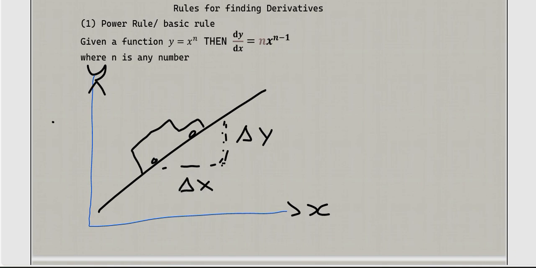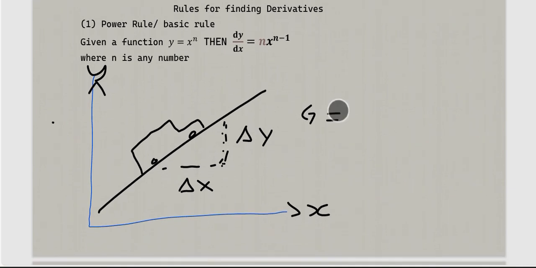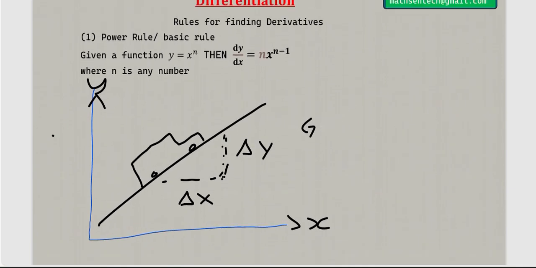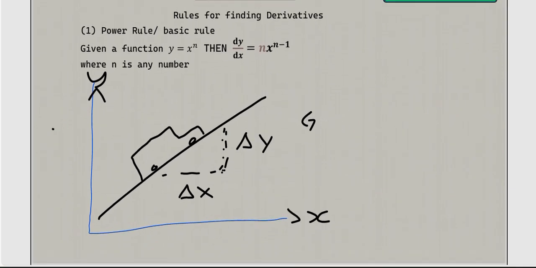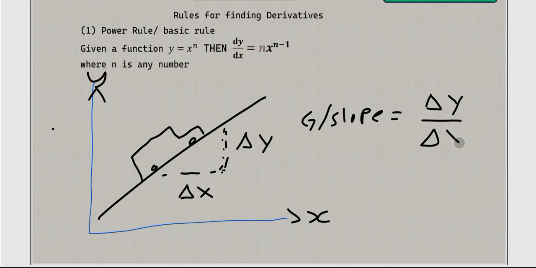Let me put it very clearly. Gradient or the slope, how do you find it for a straight line? It equals the change in y divided by the change in x.